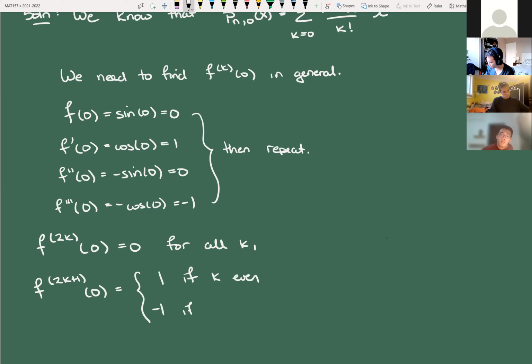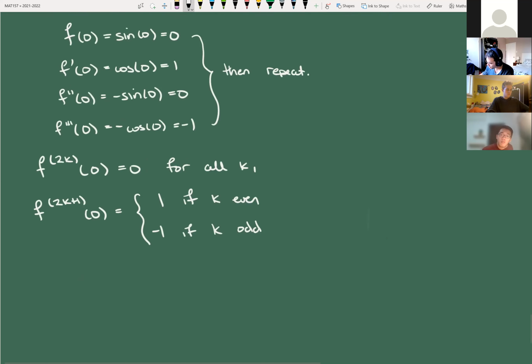Don't write this one down yet. I'm going to double check it. Yes, right? So it's plus 1 if k is even and negative 1 if k is odd. All right, because let's see, what's the next one? F to the power of 5. That would correspond to k being equal to 2. That would be 1. Yeah, okay, so that checks out.